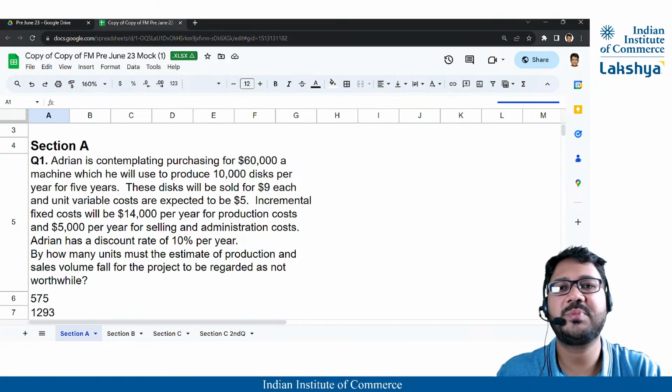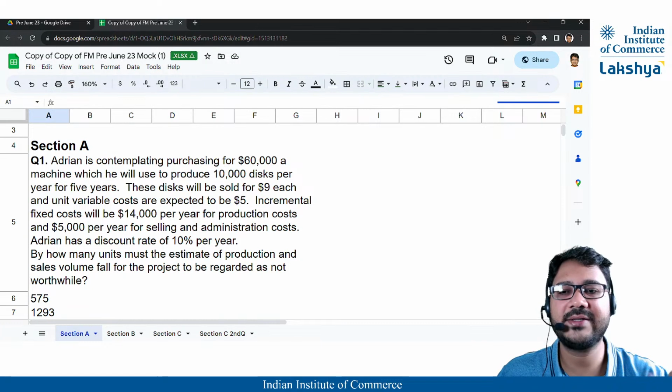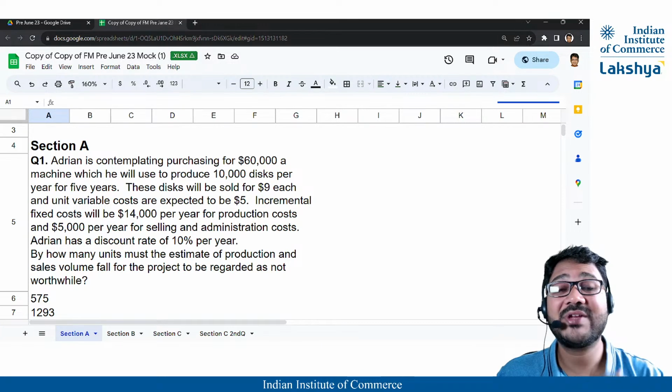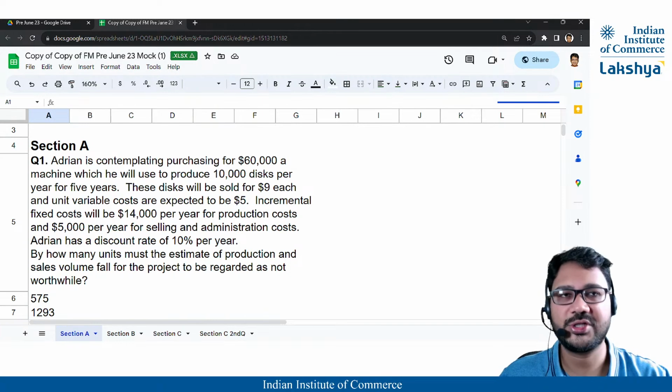Zero NPV projects we do not take, so they are not worthwhile. Only if you have an understanding of sensitivity margin would you be able to correlate that I need to use it in this particular question.